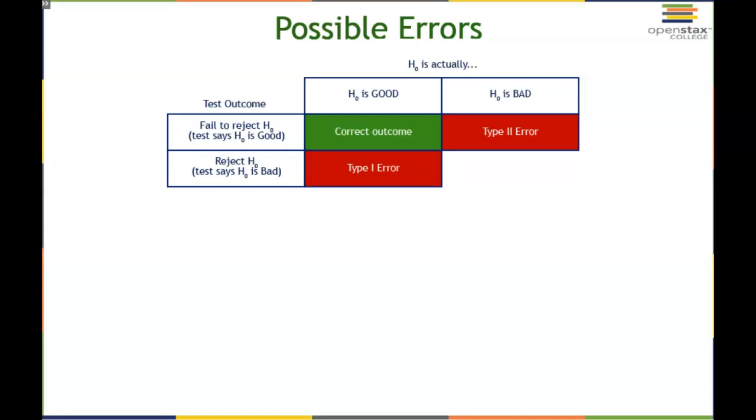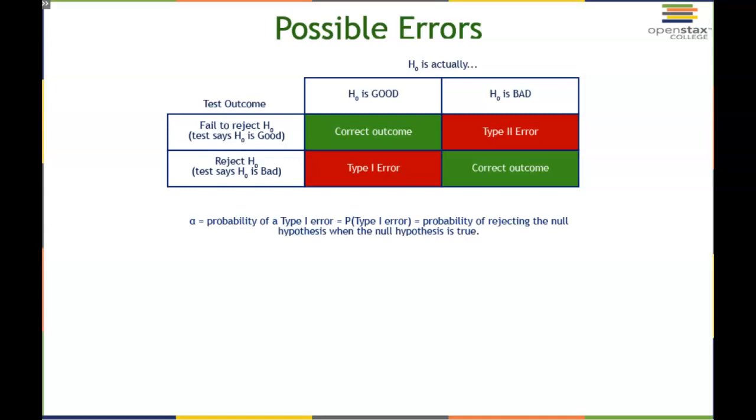H0 is bad, but we say it's good from our test, and that's a problem. That's a type 2 error. But if H0 is bad and we reject H0 and we say it's bad, then that's a correct outcome. Our test aligns with the reality of what H0 is. So if the reality aligns with our test results, that's great. But if they don't line up, that's bad.